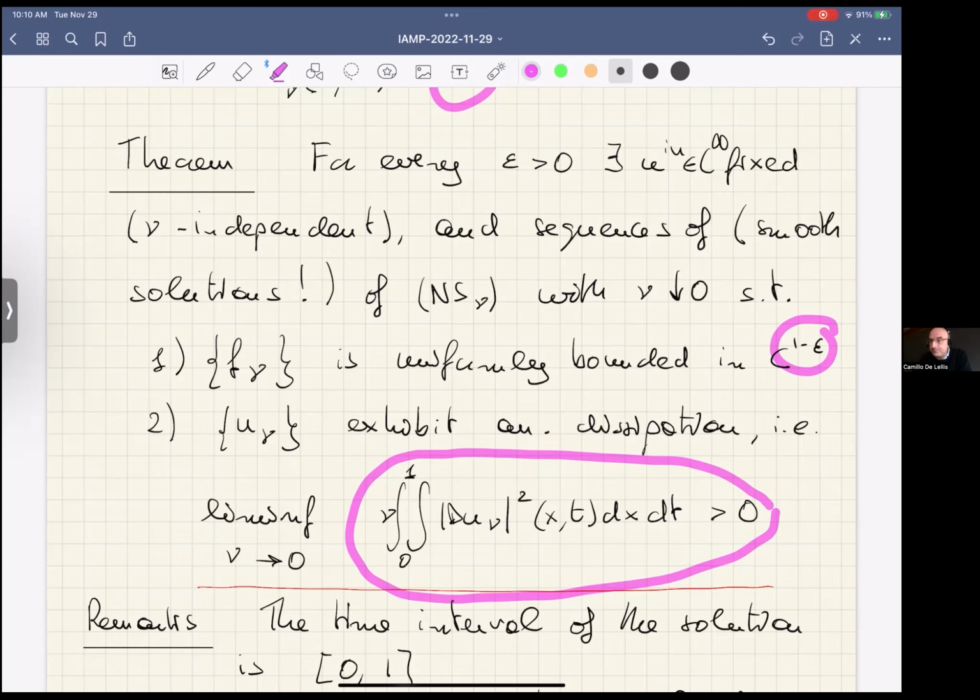You can derive a power law for the spectrum by making some dimensionality assumptions on certain constants, and then you derive interesting scaling laws that you expect for the dissipation, for the energy spectrum, and so on. But this assumption that there is anomalous dissipation is always the starting point.